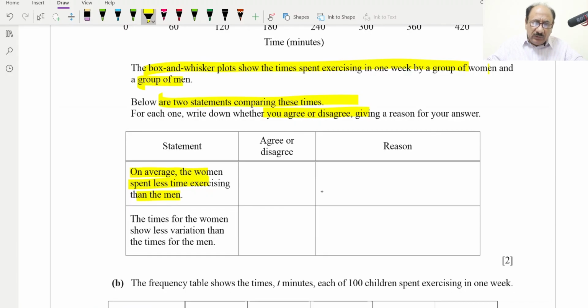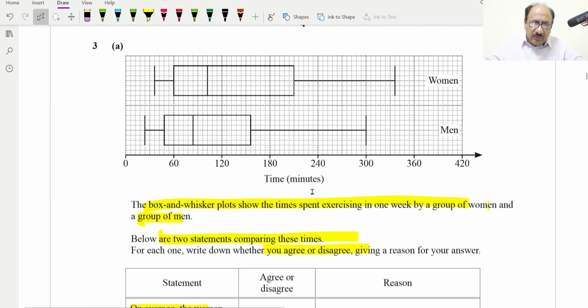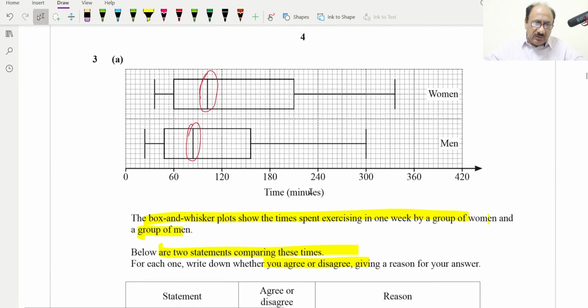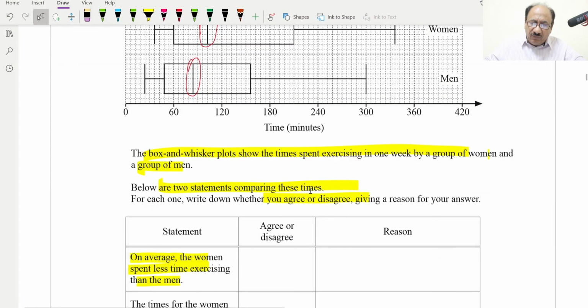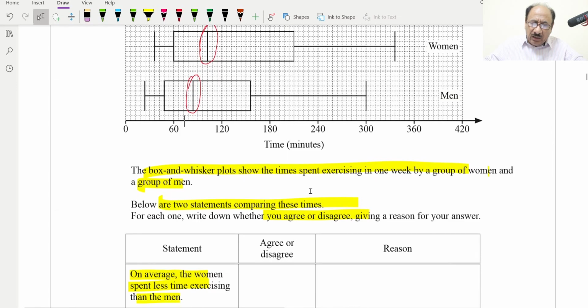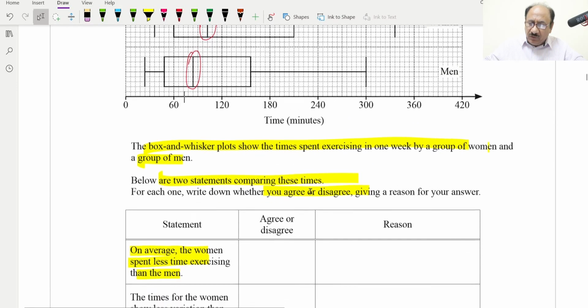For that one we will check the median. The median for women is this one, and the median for men is this one. So we can see from the diagram that the median for women is higher than the median for men.